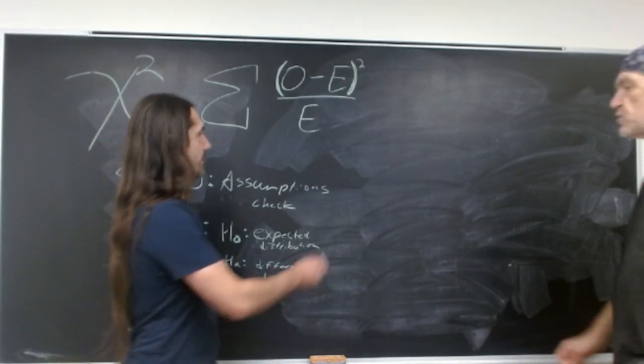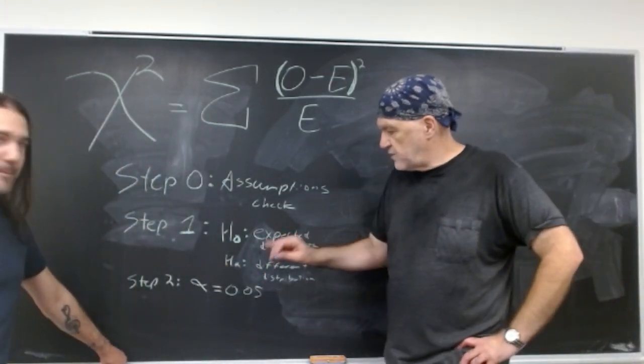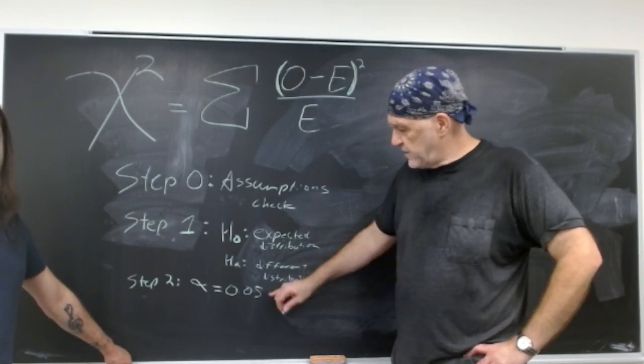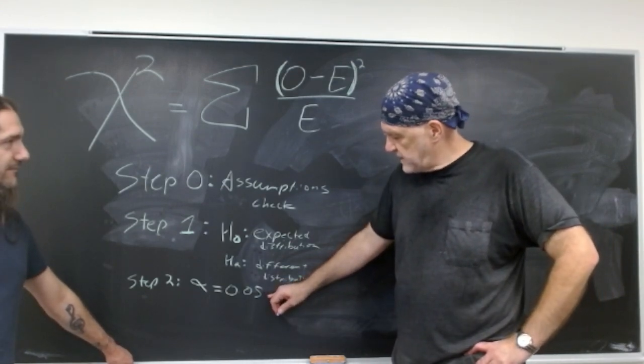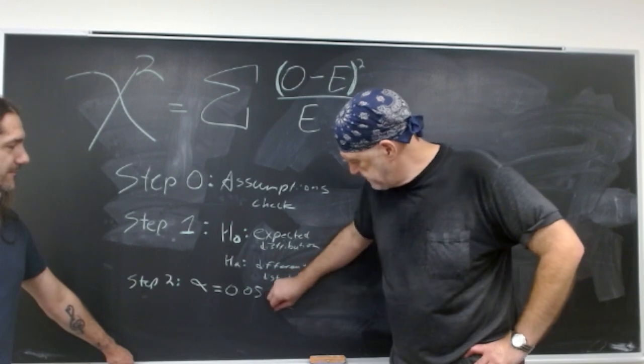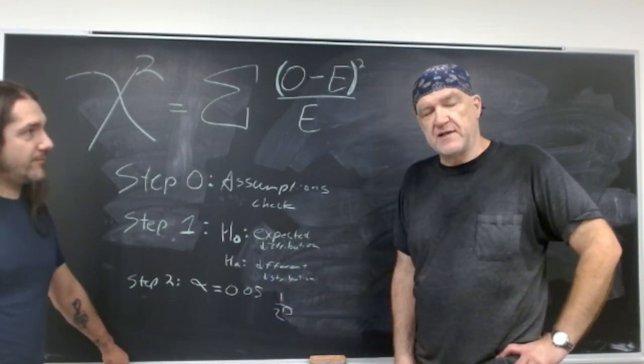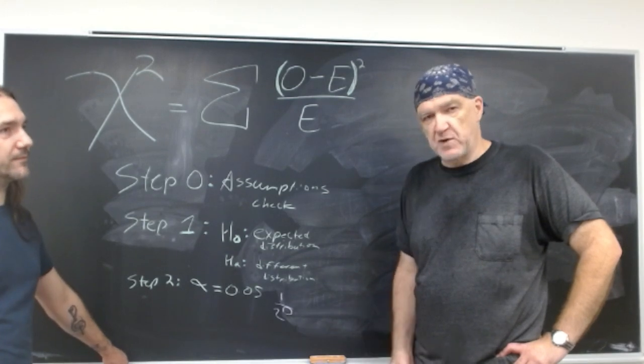Remember as well, I always come back to this because I know it's going to be an exam question: this is 1 out of 20. Alpha, the level of significance, also quantifies the chance of a type 1 error, a false positive.